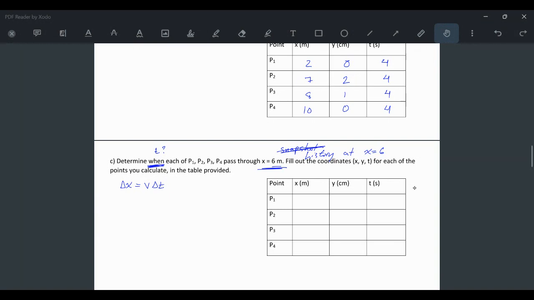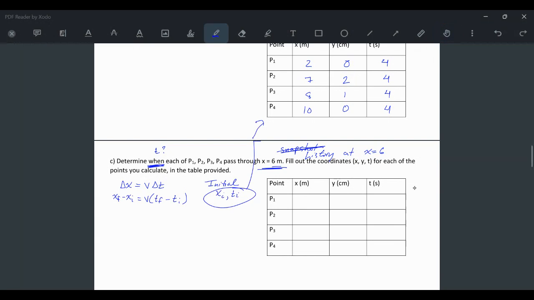We can break down this delta x and this delta t into explicit terms. So there's a change in x and a change in t. And the initial conditions, the xi and the ti, we will take them from this table.